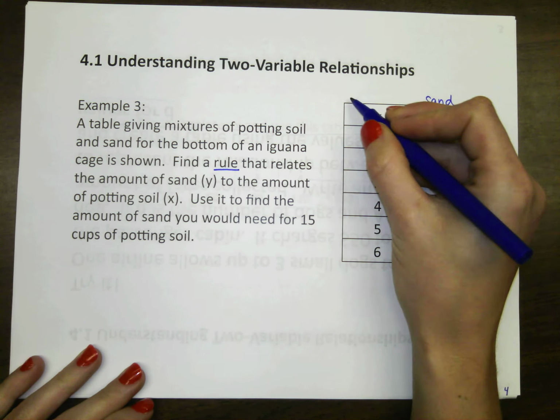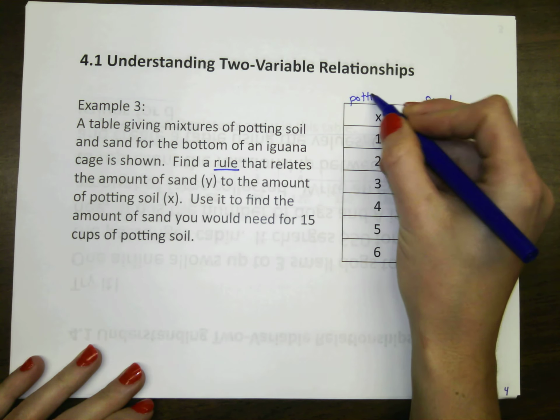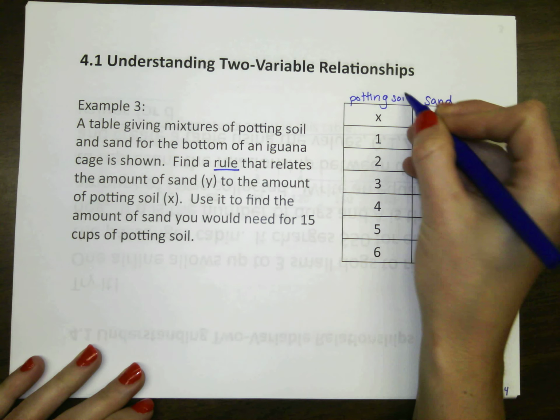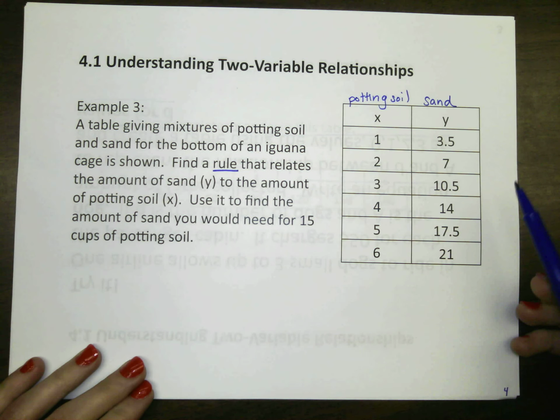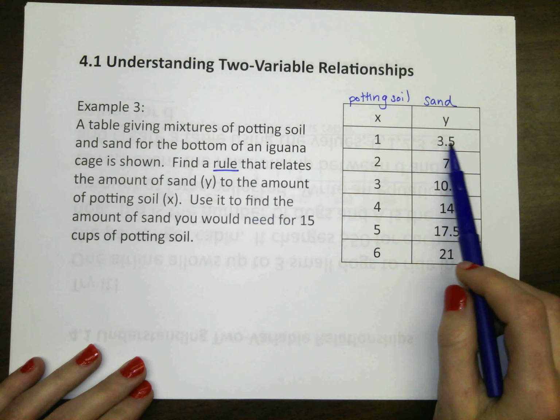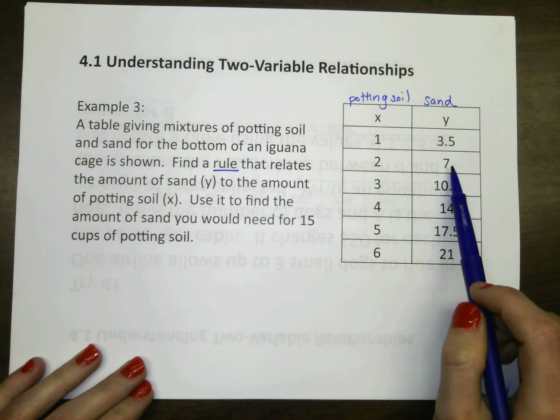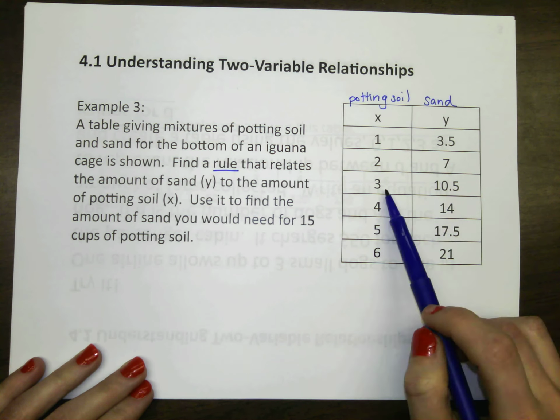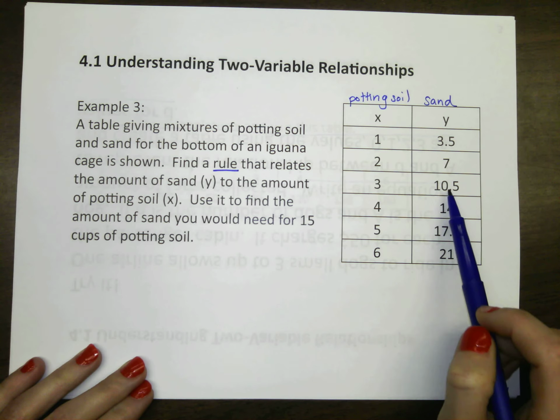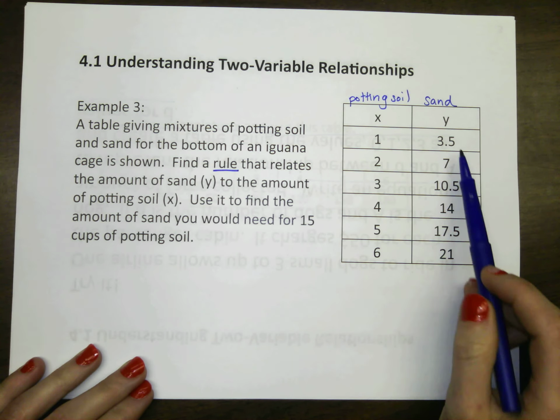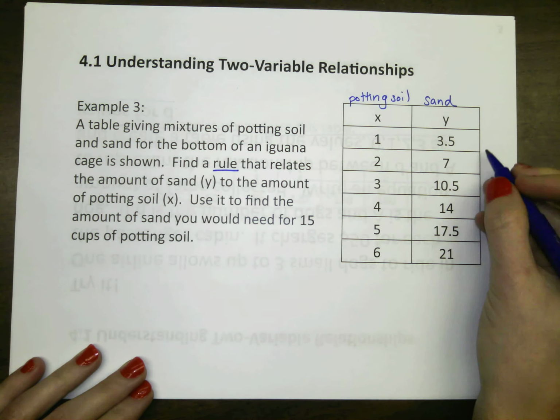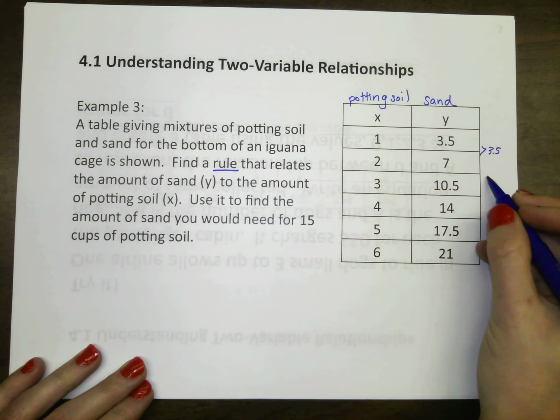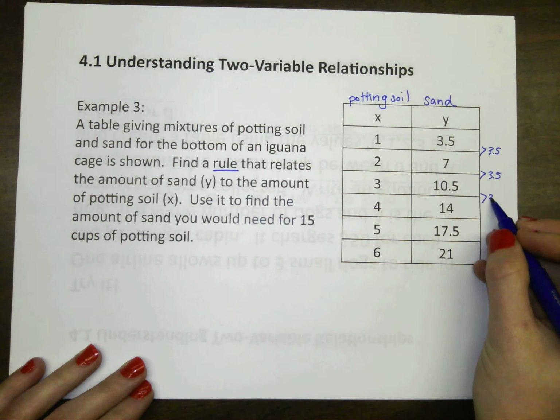I'm going to look for a pattern. At 1 I have 3.5. At 2 I have 7, so maybe it doubles. Oh, but wait, at 3 it hasn't quite doubled. It's increasing by increments of 3.5 each time, and that seems pretty consistent. So now I can write an equation.